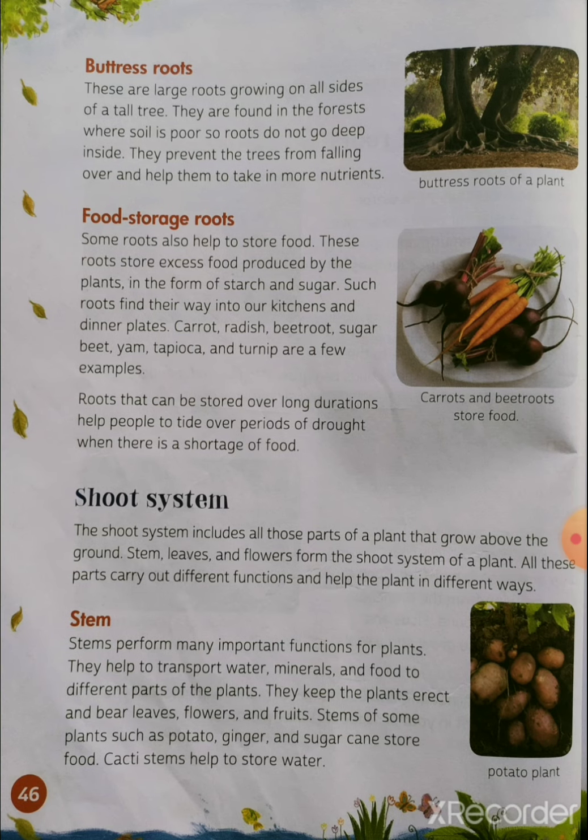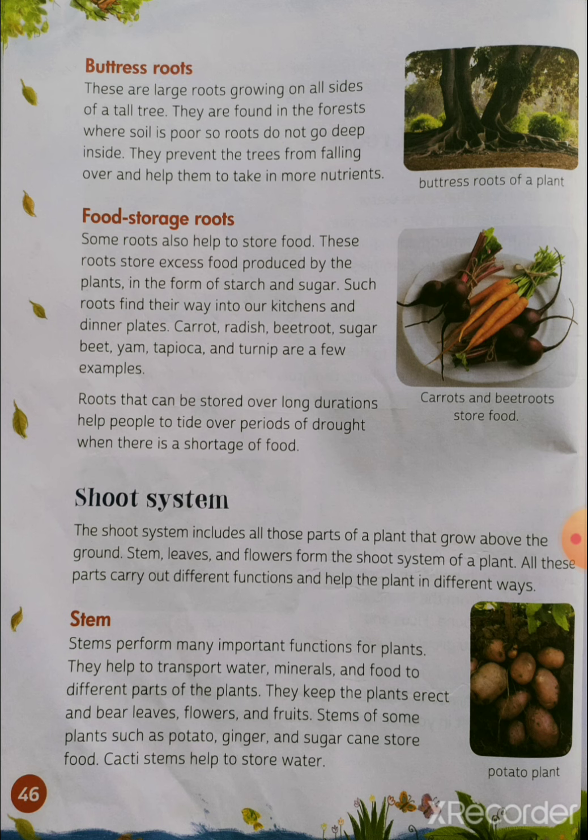Now let's come to page number 46. Here we'll learn about the buttress roots. The roots of the trees growing in forests where soil is poor cannot go deep into the soil, and instead the large roots of these trees grow on all sides, spreading around the tree.